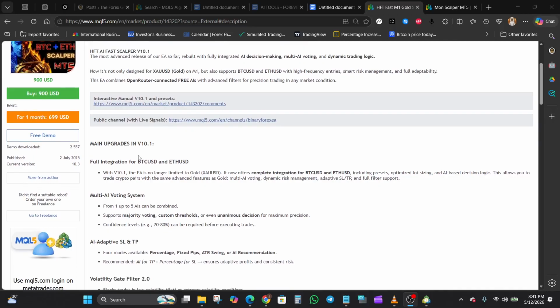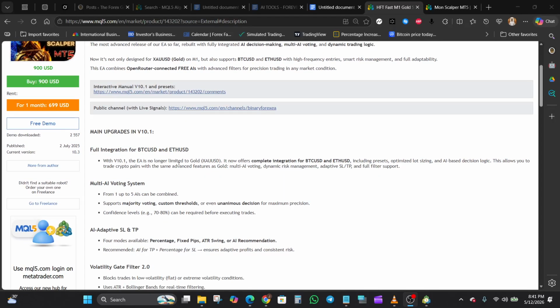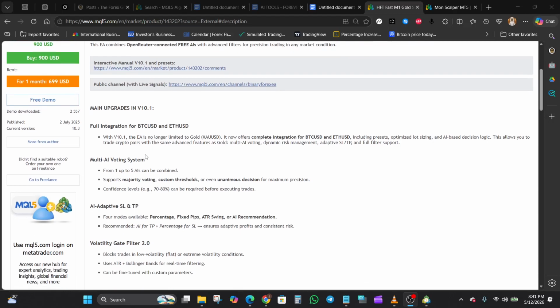Moving further into the features section, one thing that stands out is the amount of customization available for trade management. The EA includes multiple stop loss and take profit modes, including percentage-based settings, fixed pip targets, ATR swing logic, and AI-generated recommendations.